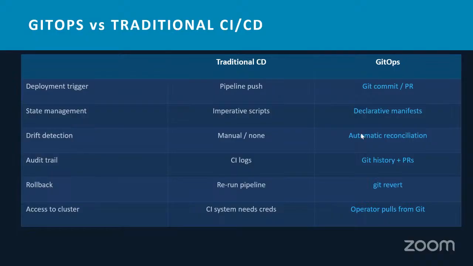But for GitOps, it happens automatically. Once you make any changes, you just click on the commit command or the merge request has been approved, and it automatically deploys the software without you manually going to the tool.